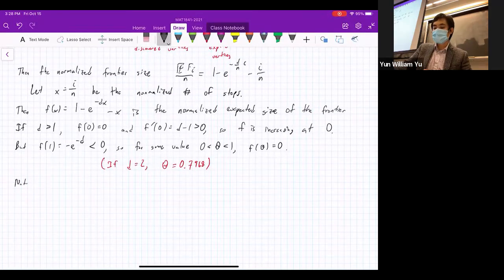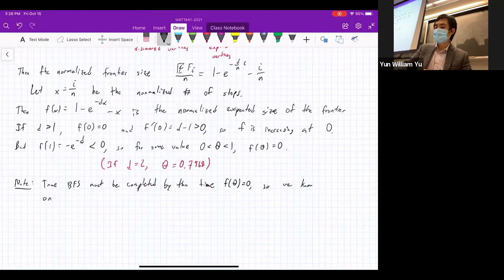And we also know that the true BFS must be completed by the time f of theta is equal to 0. So we know an upper bound on the expected size of the connected component.